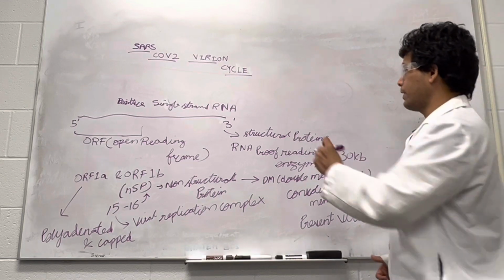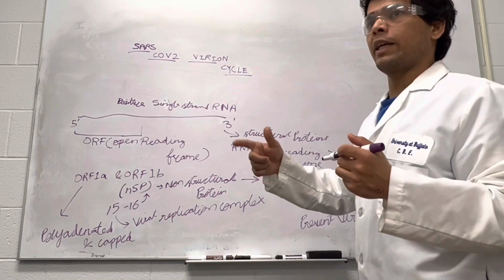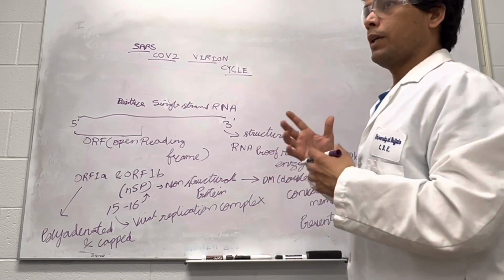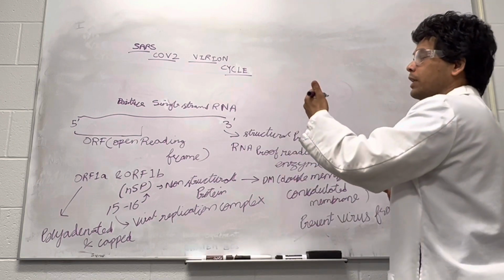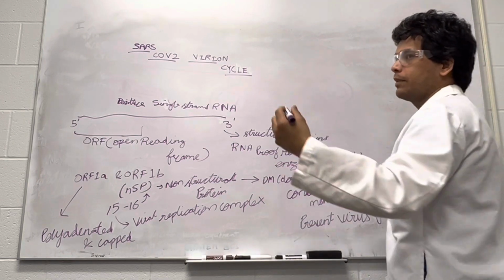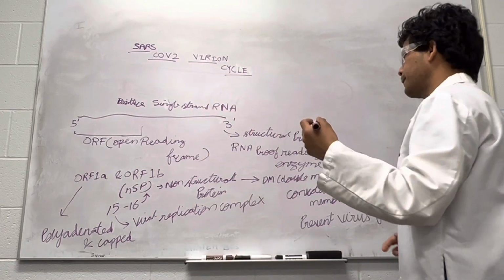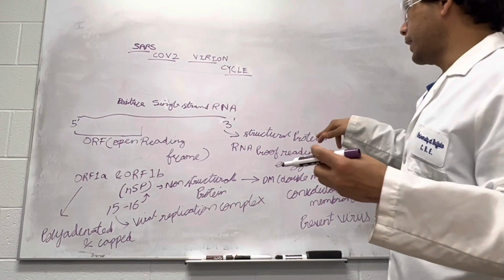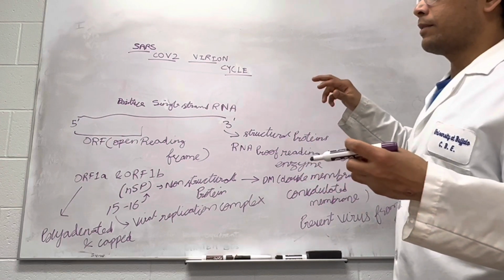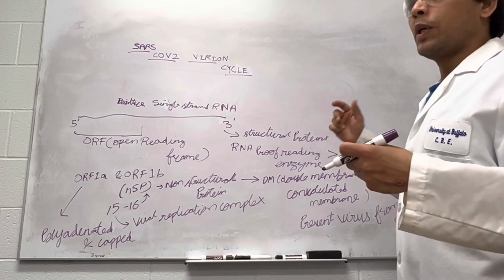When the structural proteins are formed, they go to the endoplasmic reticulum, and from the endoplasmic reticulum, post-translation modification occurs, then they move to the Golgi, and the glycosylation pathway, as we have discussed. Some viruses have a nucleocapsid also.